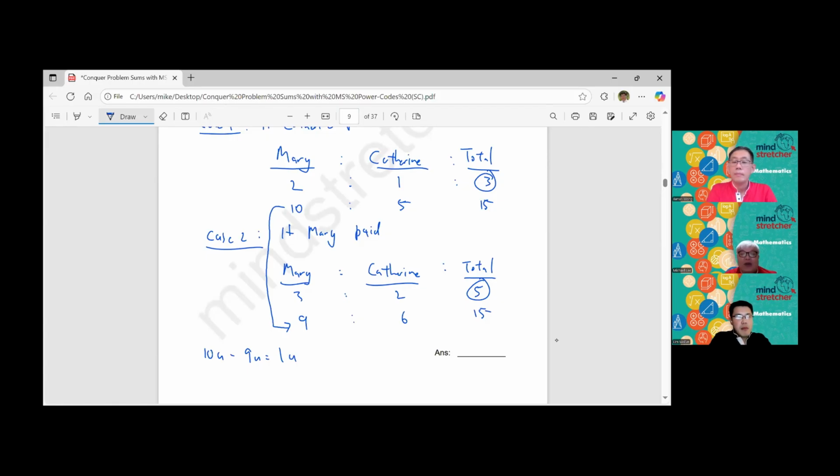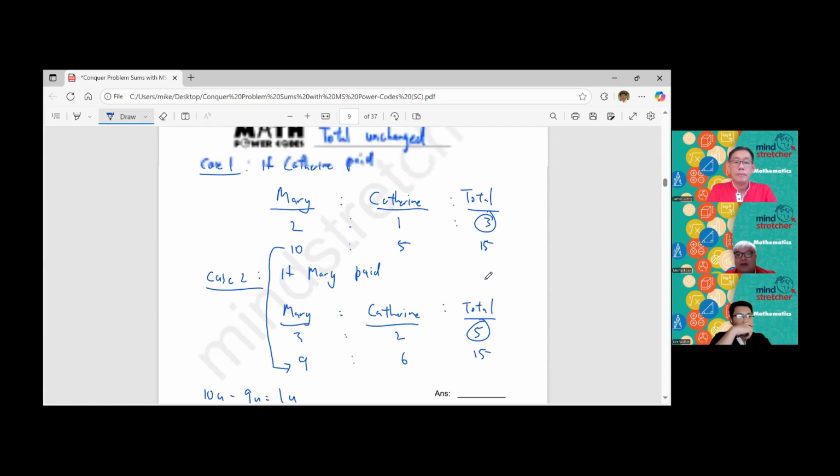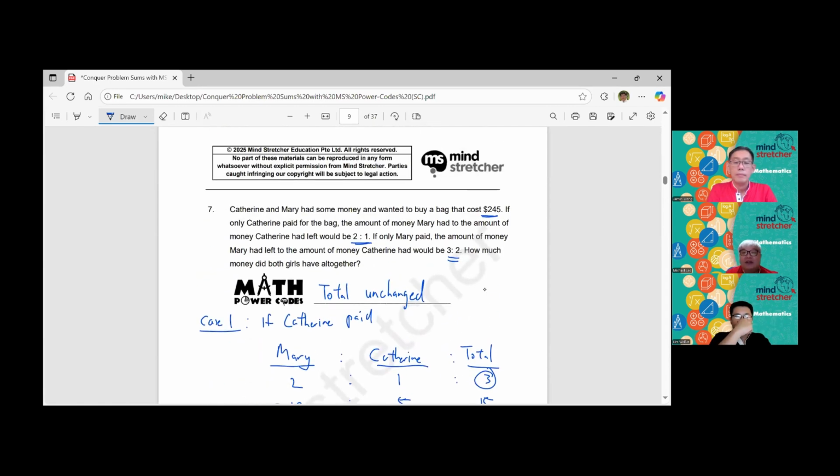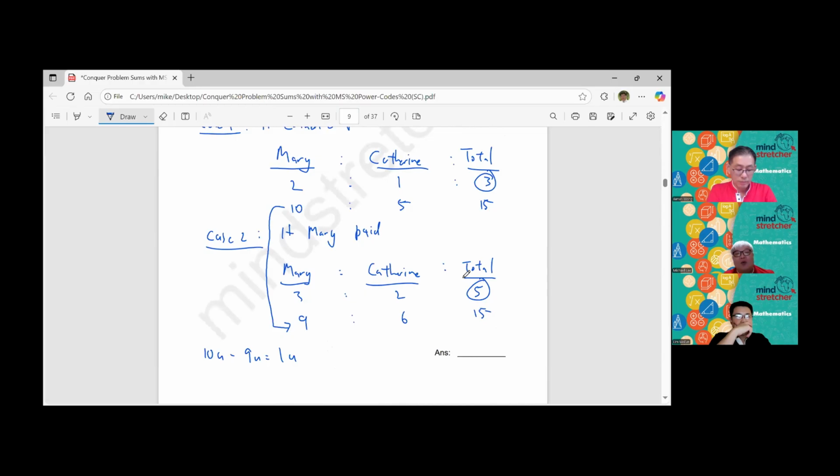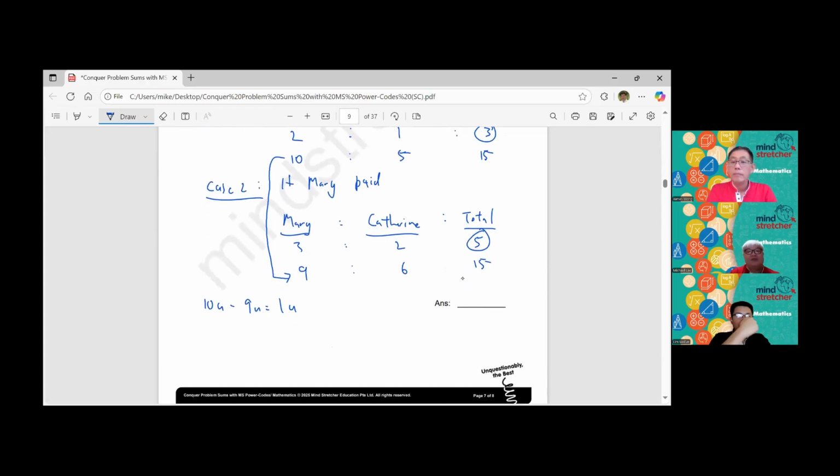And we know that the cost of the bag is 245 from the question. That means if Mary paid $245, the ratio will reduce by 1 unit. So in other words, 1 unit will be equals to $245.